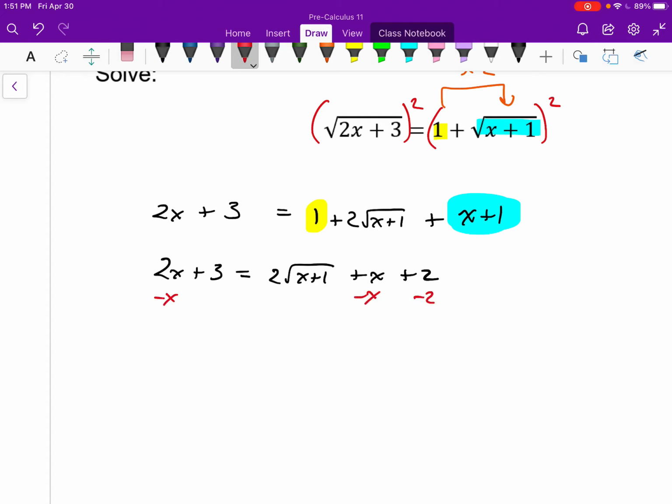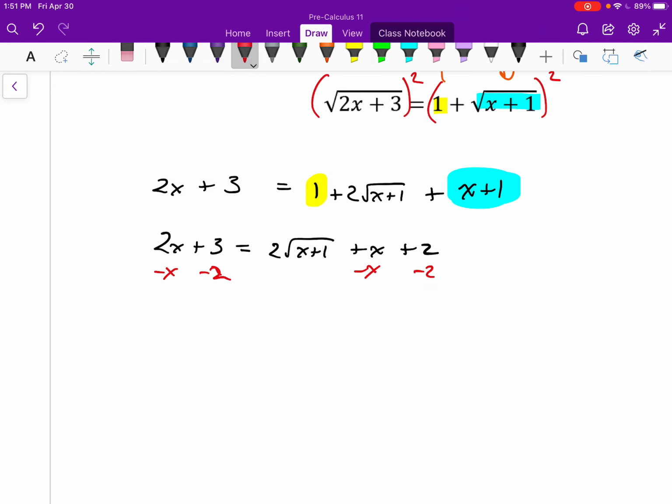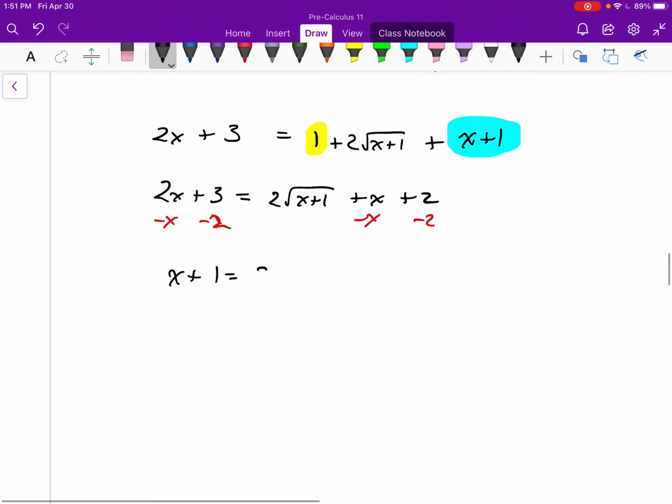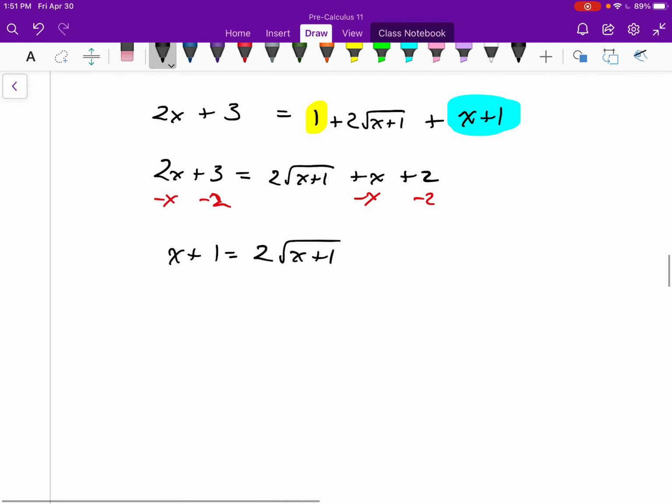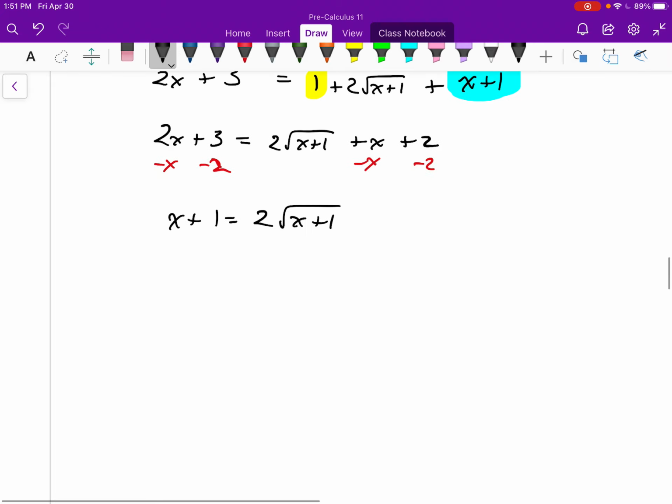And let's subtract 2 from both sides. If I do that, I have just x plus 1 on one side. And the other side, I just have 2 times root x plus 1. All right, so a bit better than we started with. Considerably better than it was a few steps ago.